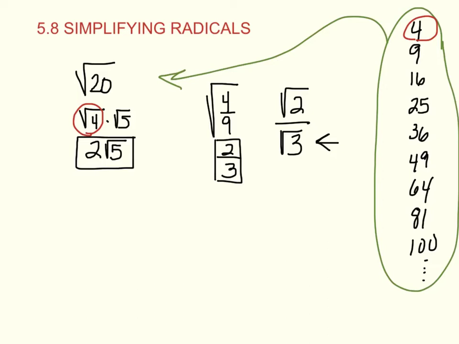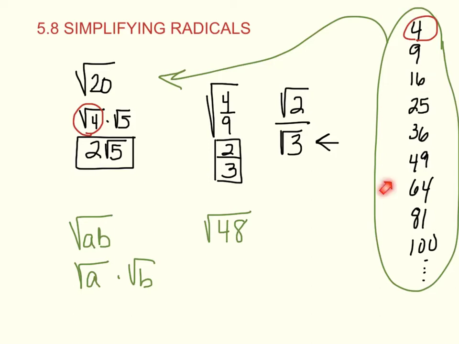At the bottom of page 344, it says multiplication property of square roots. It means this. If you have the square root of AB, I can separate that into the square root of A times the square root of B, such as the square root of 48. Is there any one of these numbers that goes into 48?